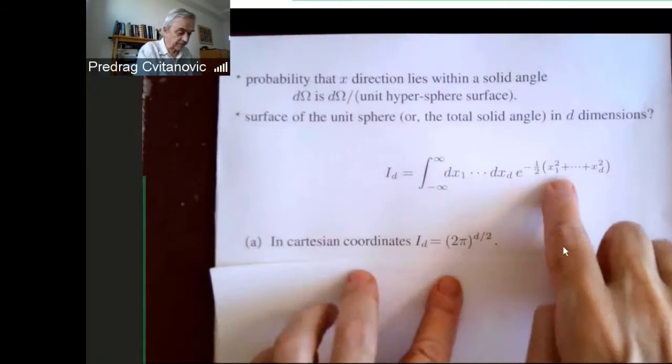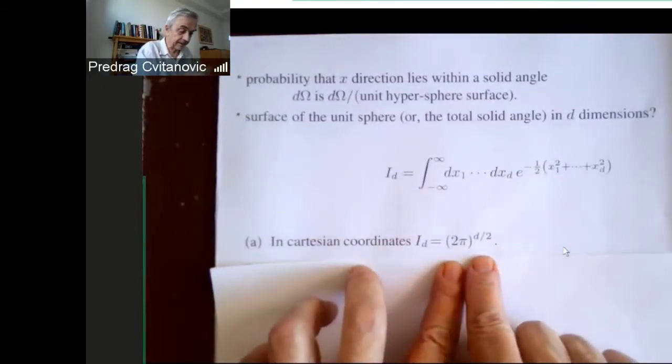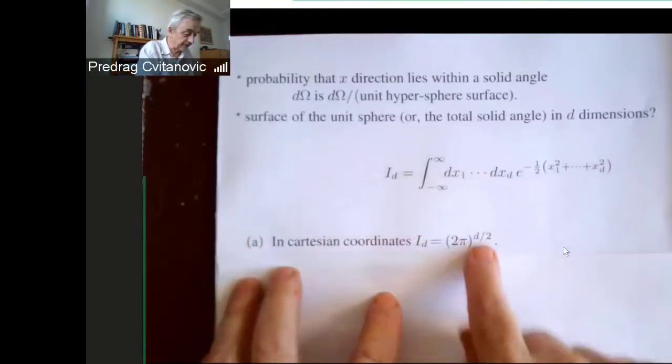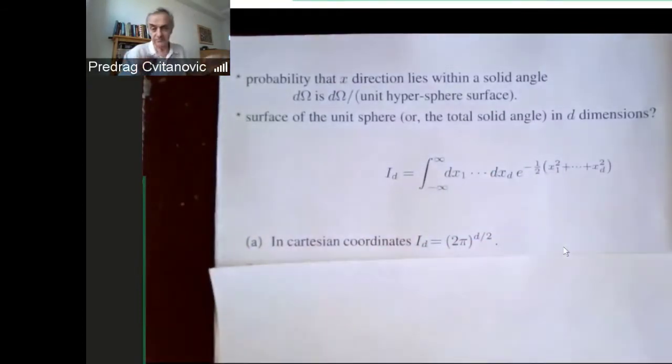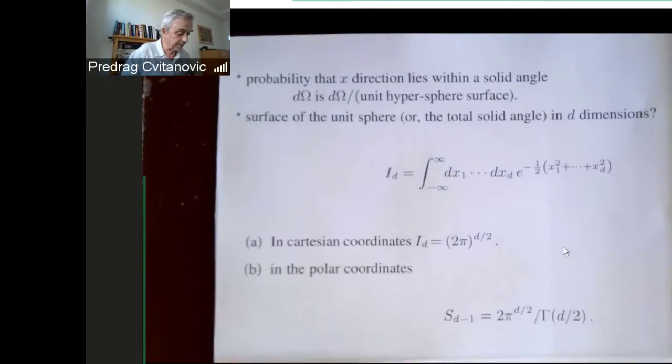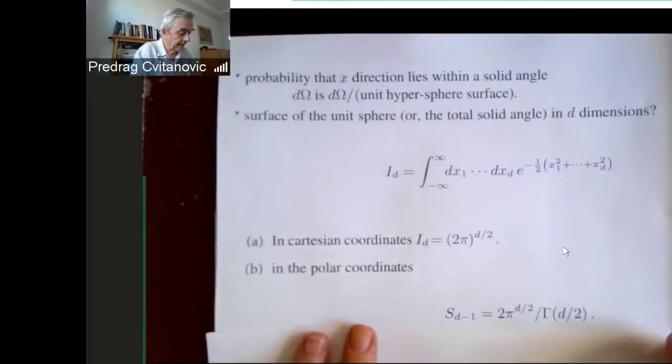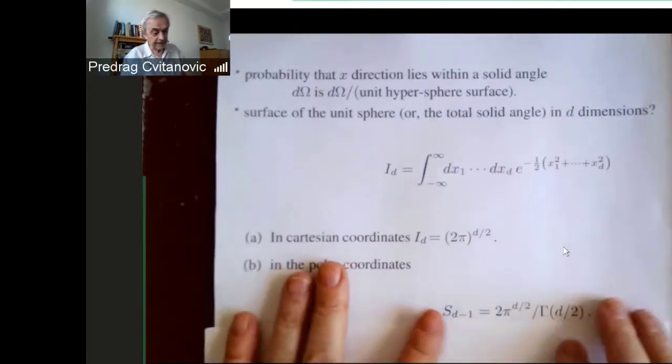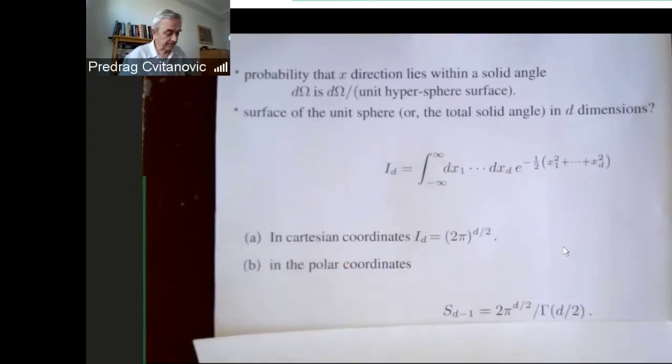You always get square root of 2 pi, but there are d of them. So this integral has value 2 pi dt. In polar coordinates, you take a radius and you take the angle.